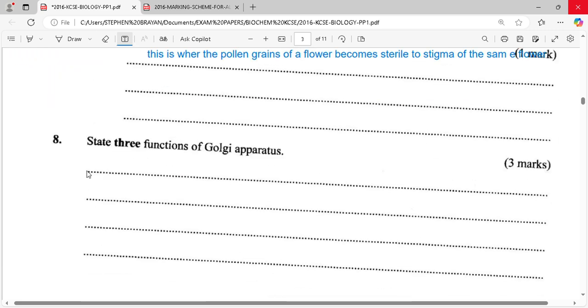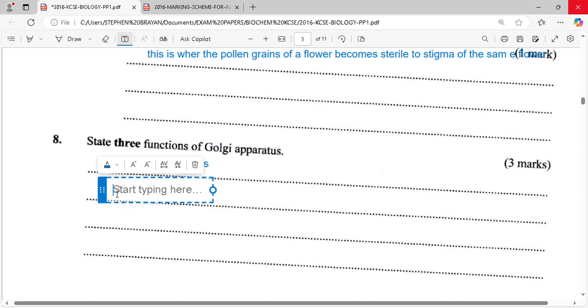And then we come to question 8, where we are asked to state 3 functions of the Golgi apparatus. We have 3 major functions, and these ones you must note very well. There are only 3. The first one is synthesis of lysosomes. So lysosomes are synthesized in the Golgi apparatus.